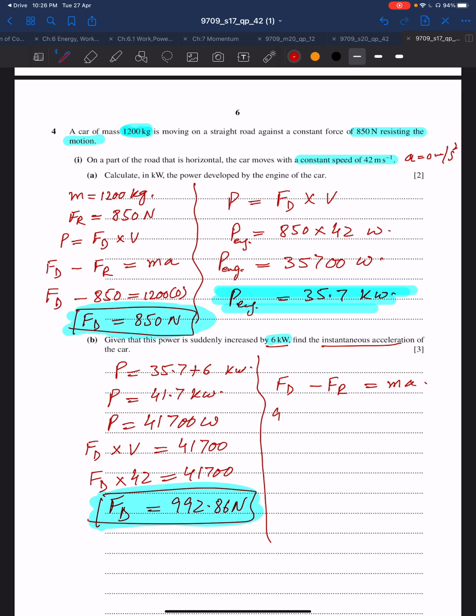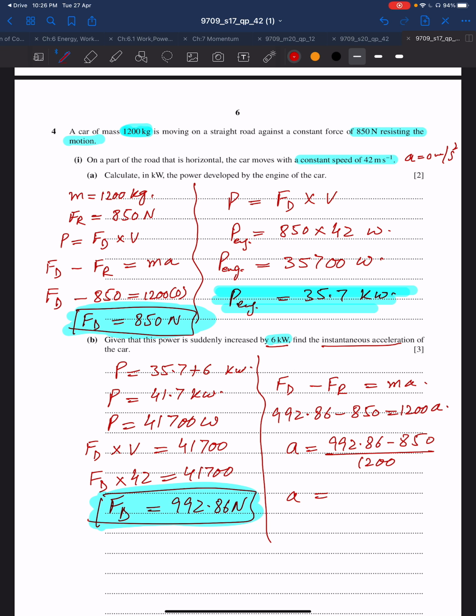So 992.86 minus 850 newtons is equal to 1200 into A. So we'll find out A is equal to 992.86 minus 850 over 1200.